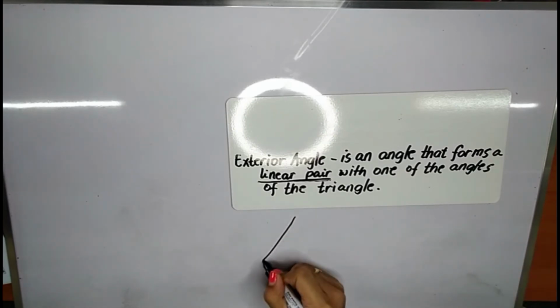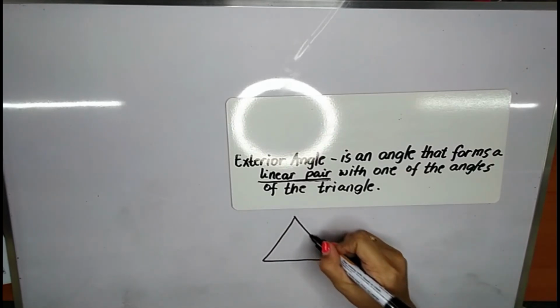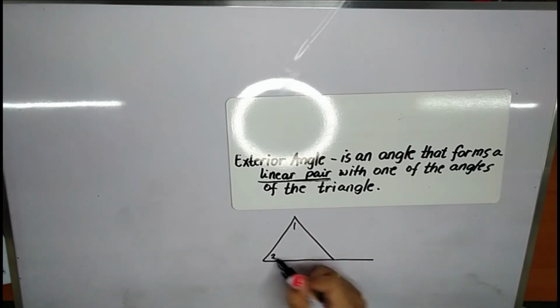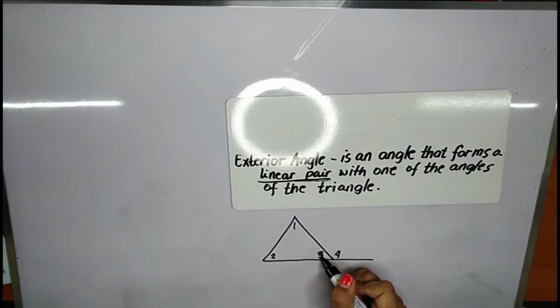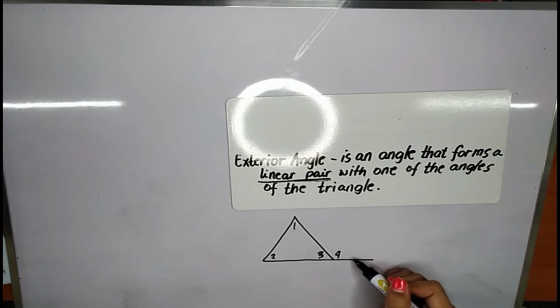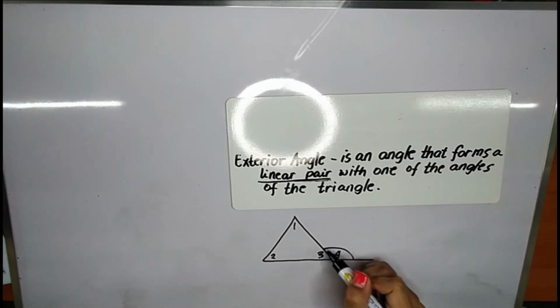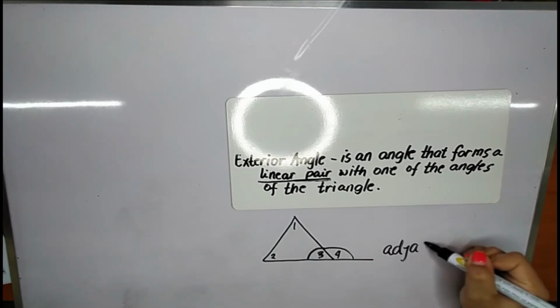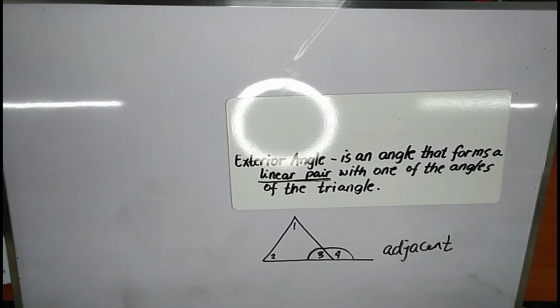Okay, take a look at this figure. Angles 3 and 4 here form a linear pair. This angle and this angle. Why? Because they are adjacent. Adjacent means they are side by side.